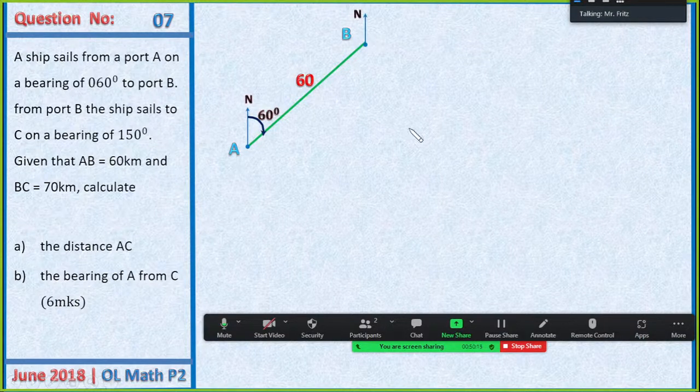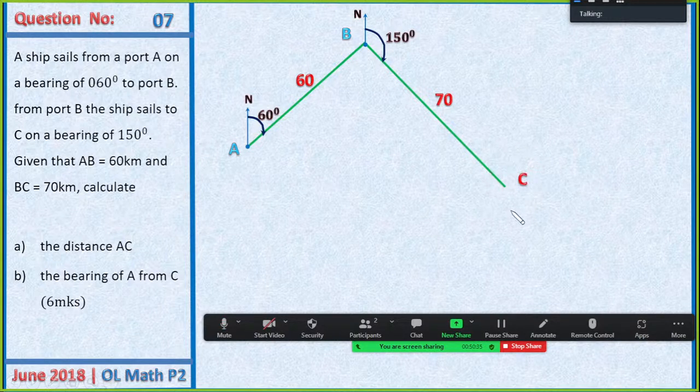I'll measure an angle from this north line up to 150 degrees. It now sails from that point to point C, at a distance of 70 kilometers from point B.